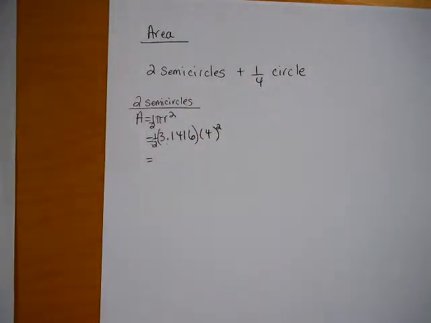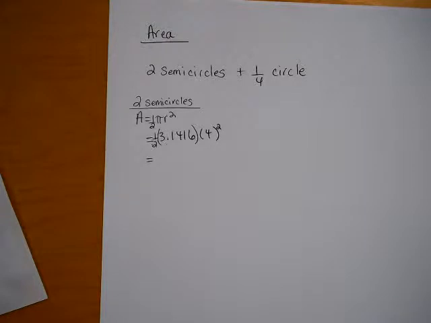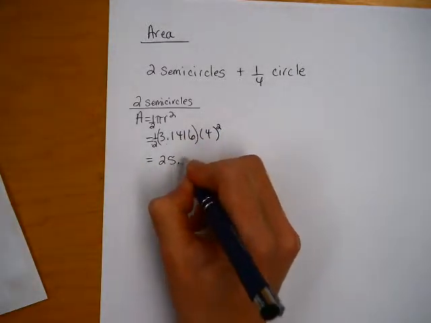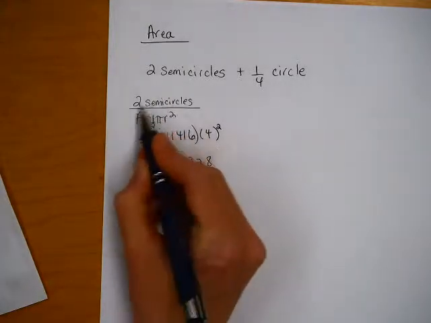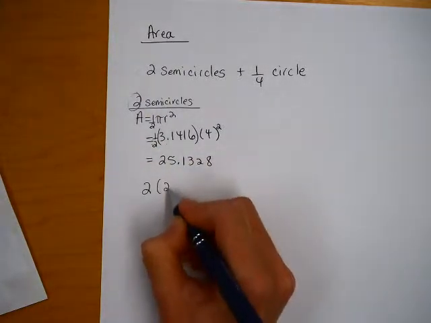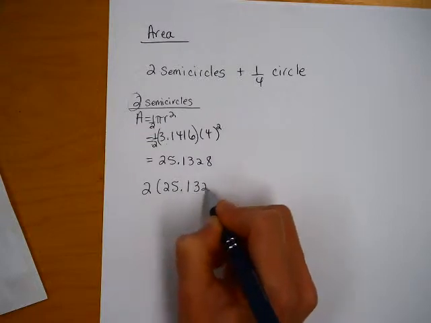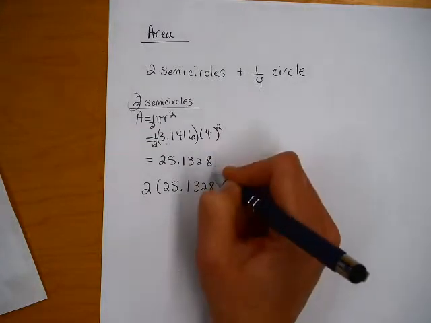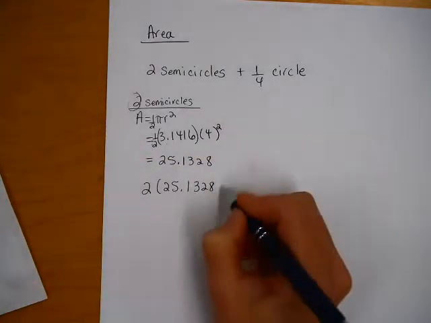And so when I type that into my calculator, 0.5 times 3.1416 times 16, 4 squared is 16, gives me 25.1328, but we have 2 of these, so I'm going to double that area. 2 times 25.1328, and this was measured in meters, so this is in square meters.